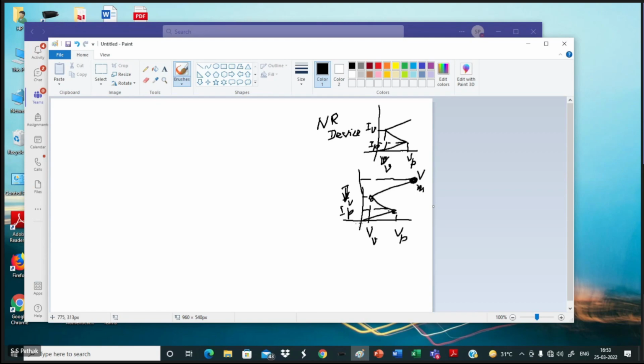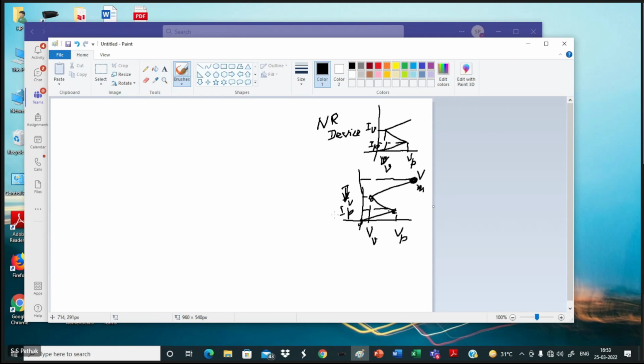Here is the 0, 0 coordinate. The coordinates of these 3 points and this origin will give me the slope. Normally we take it as a slope. Otherwise, the equations of these lines will be given to you. Characteristic curve equations will be given to you in the question. Normally, for this kind of short exam, you will be considering that straight line kind of thing will be given. So the NR device characteristic will be given.